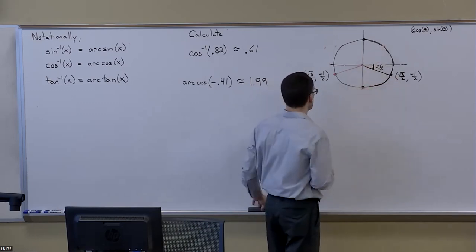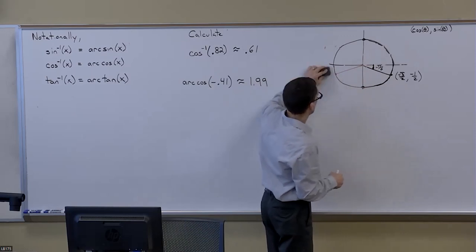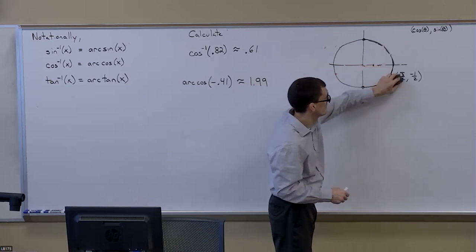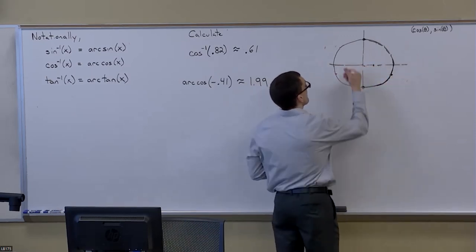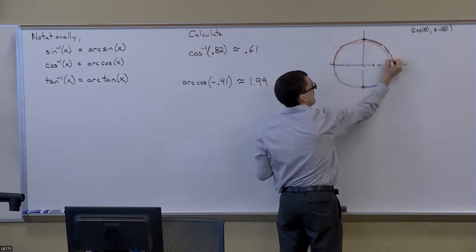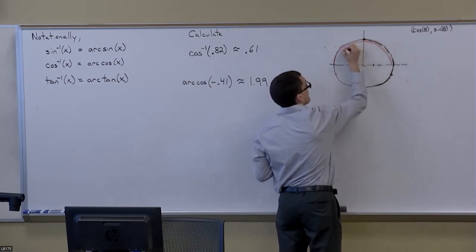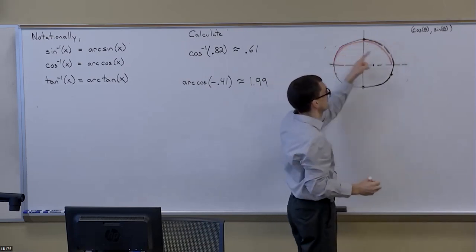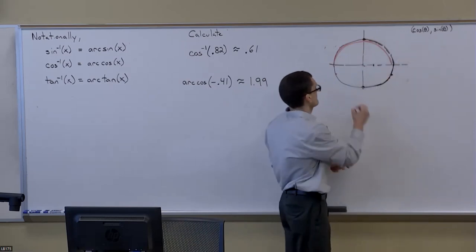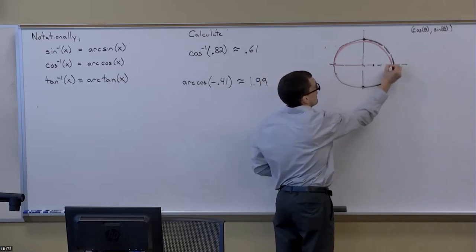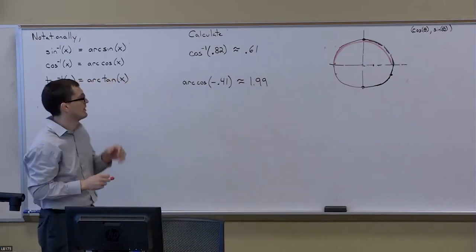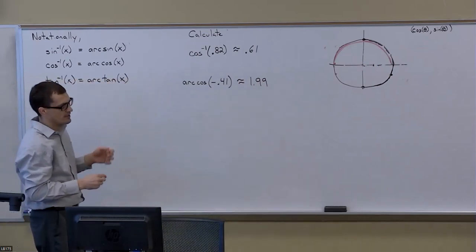So when you define cosine inverse, the range of inverse cosine is going to cover the top half of the circle. This gives me both positive and negative values for the first coordinate. And there you go.